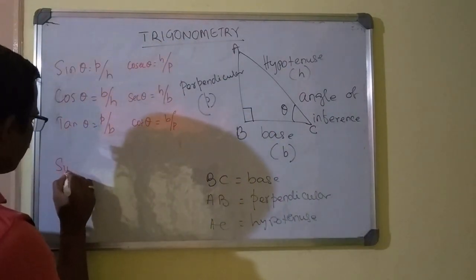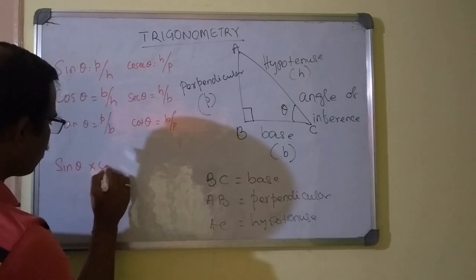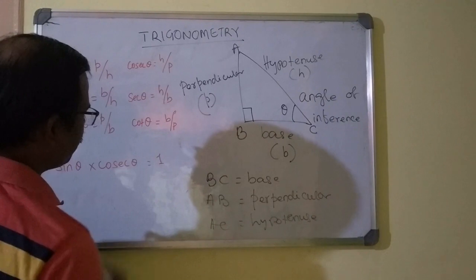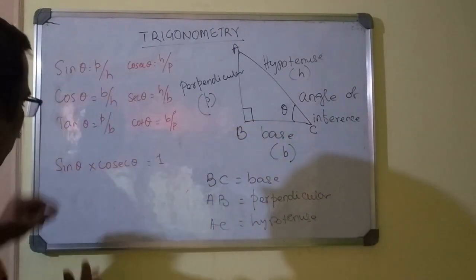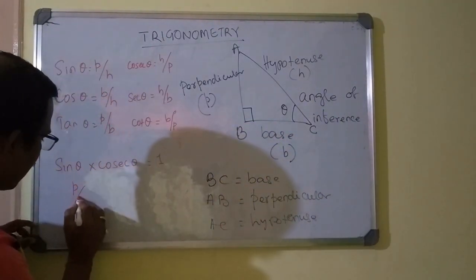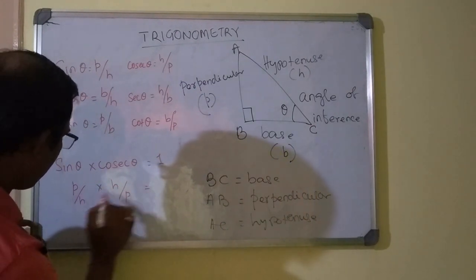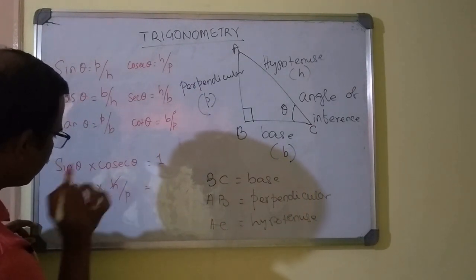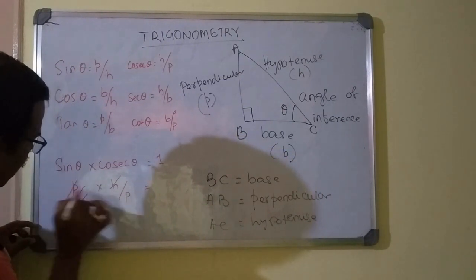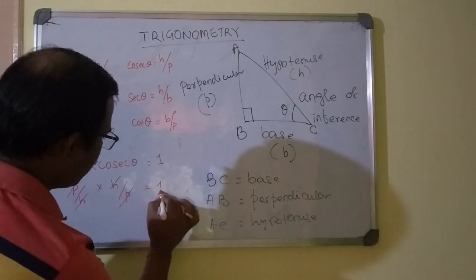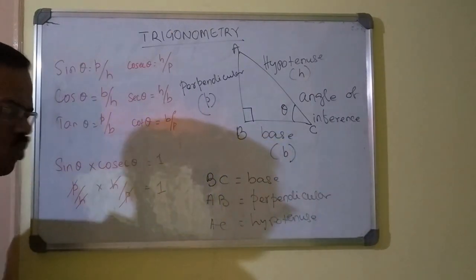That means if you multiply sin theta into cosec theta, that will always become 1. You can easily prove it: P by H multiplied by H by P. H in the numerator and H in the denominator cancel out, and P in the numerator and P in the denominator cancel out, so ultimately only 1 remains, right?